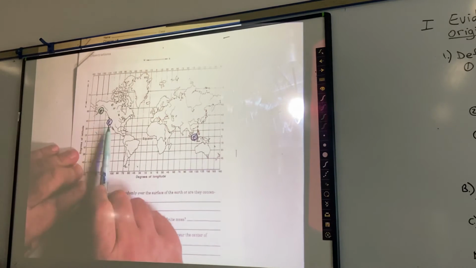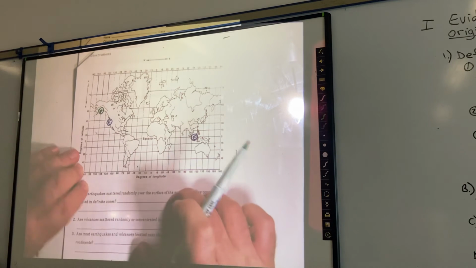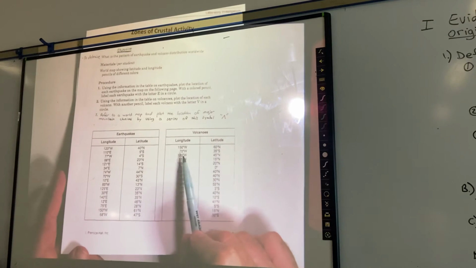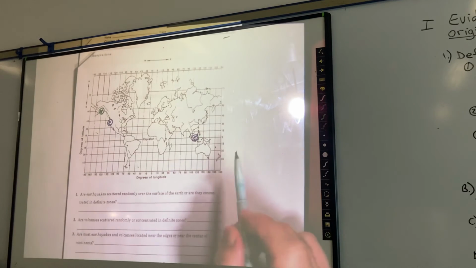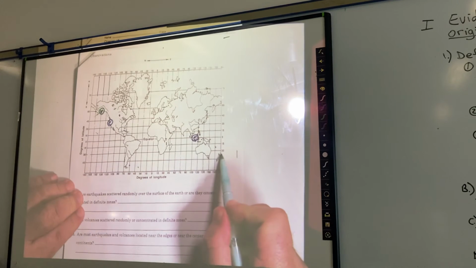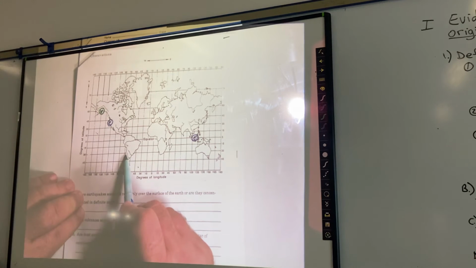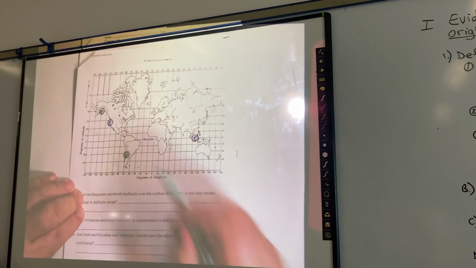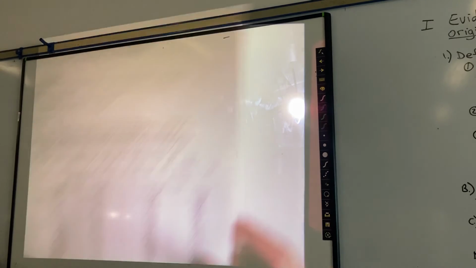I use blue for earthquakes and green for volcanoes. Then I do my next one, 70 west, 35 south. 35 south would be right there, and 70 west right about there. So I put a little V for a volcano with a circle around it. You're going to do the same thing for all this data.